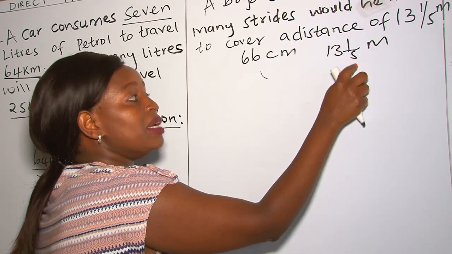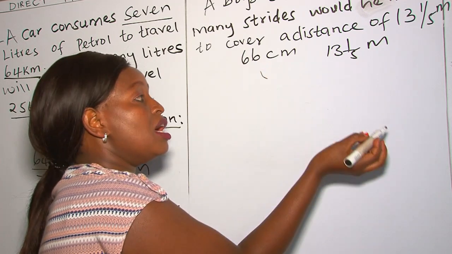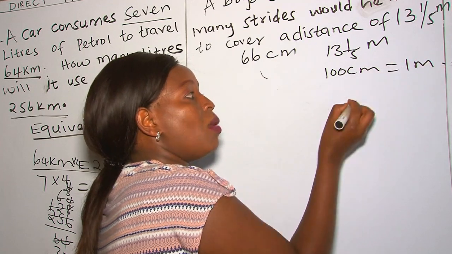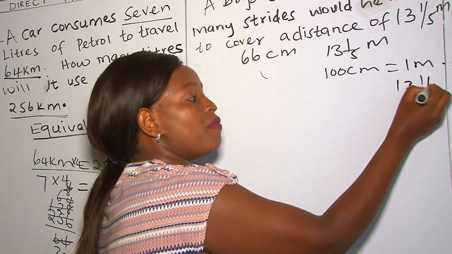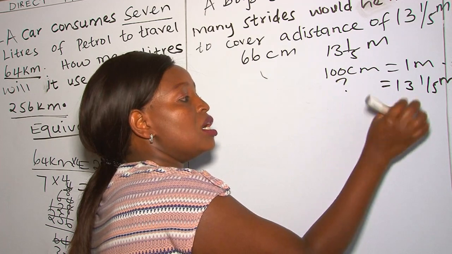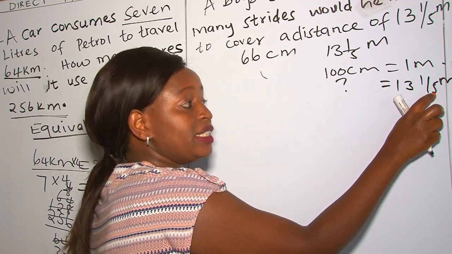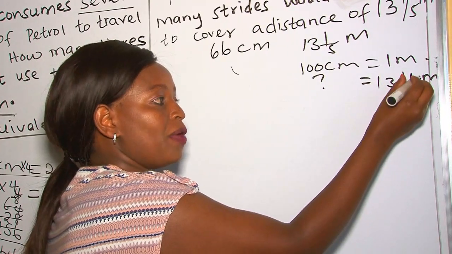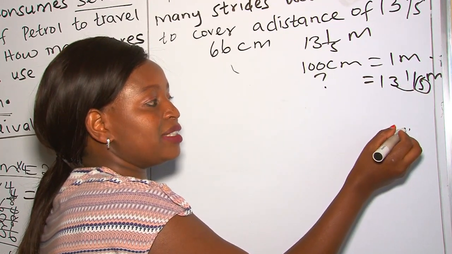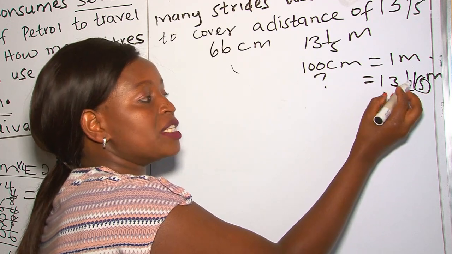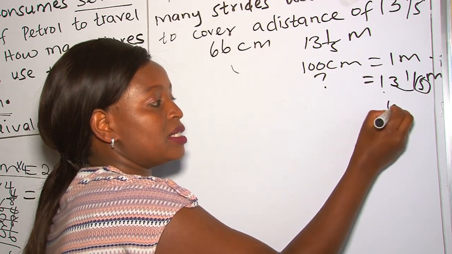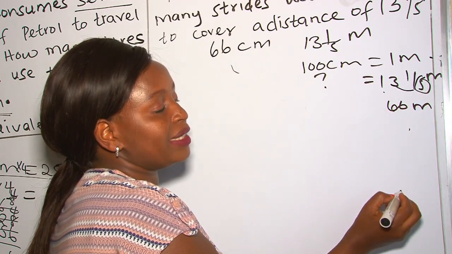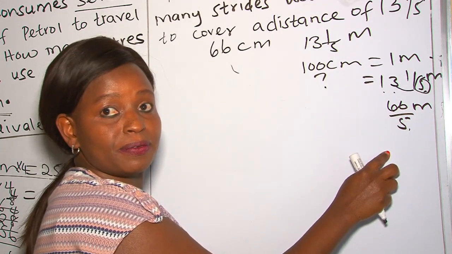So we are changing our meters to become centimeters. Remember, 100 centimeters is equal to 1 meter. What about 13 1/5 meters is equal to what? So you change this mixed fraction to an improper fraction. 5 multiplied by 13, that is 65. 65 plus 1, that is 66. So we have 66 meters on this side over 5.